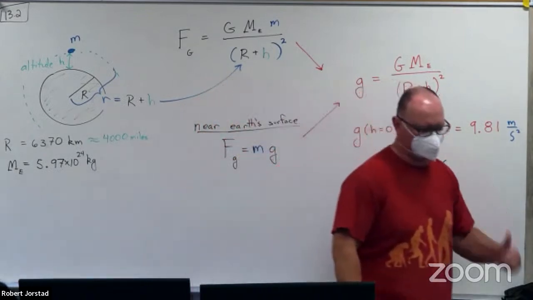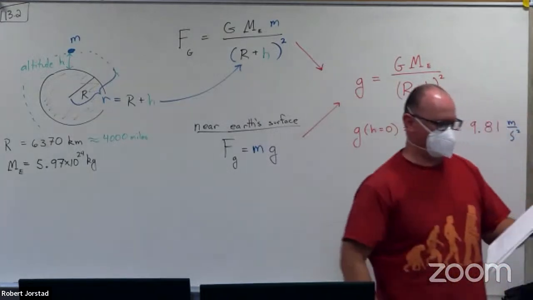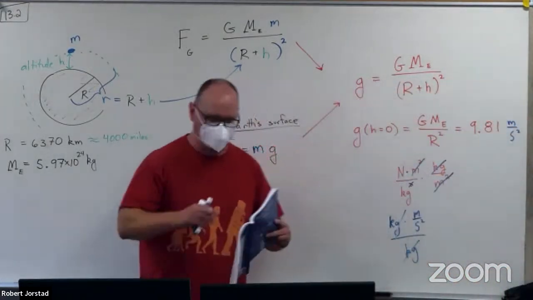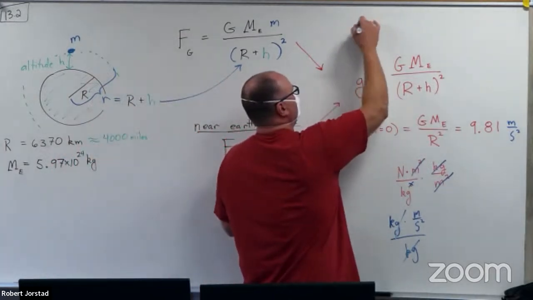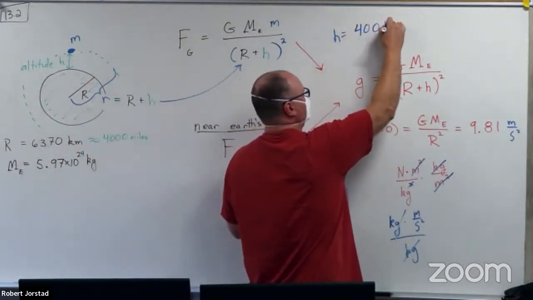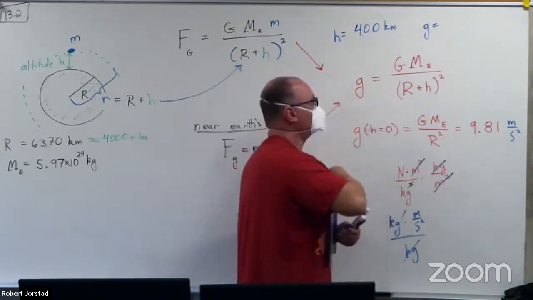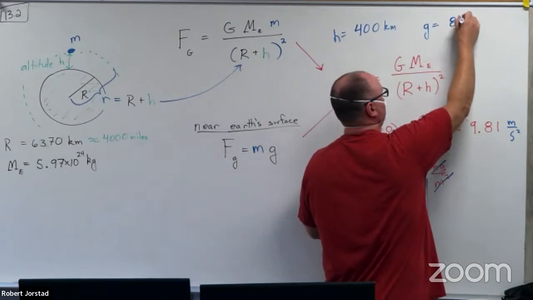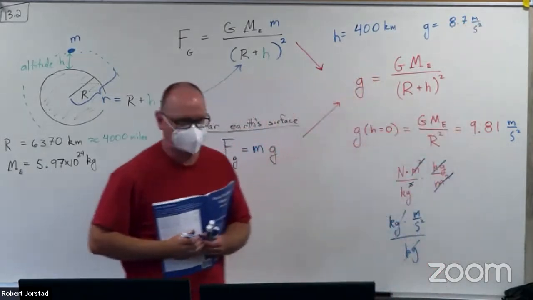I punched in some numbers in question 13.3 and a half towards the bottom of the page. For example, I found out if H is equal to 400 kilometers, G is, what was it? 8.7.